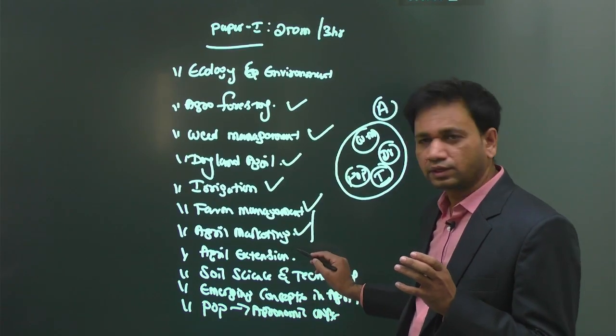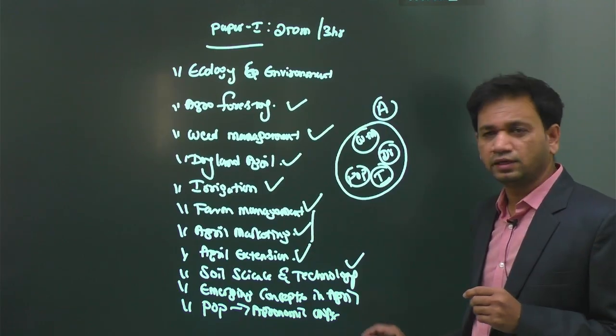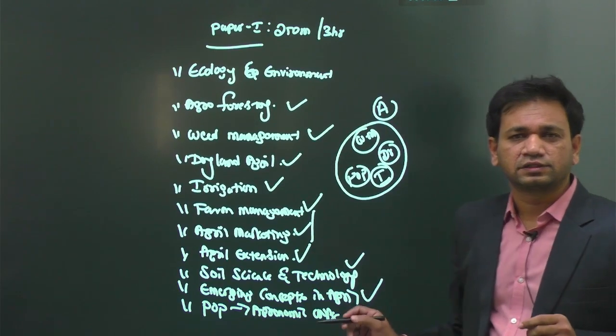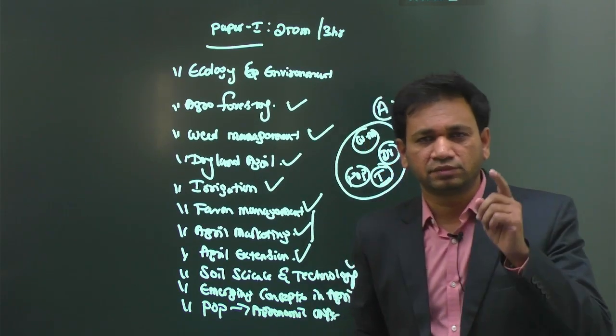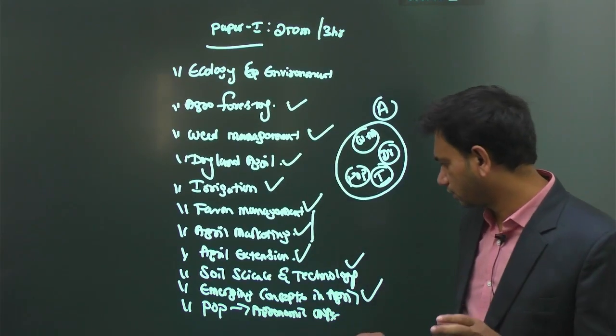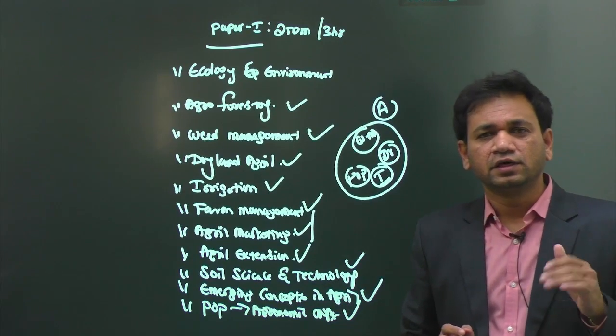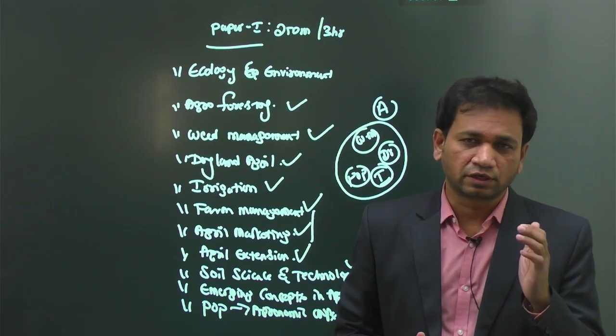Then agriculture extension, soil science and technology, and emerging concepts in agriculture. In emerging concepts in agriculture, a minimum of two questions will always come from current affairs. Another is the package of practices for the major agronomic crops.